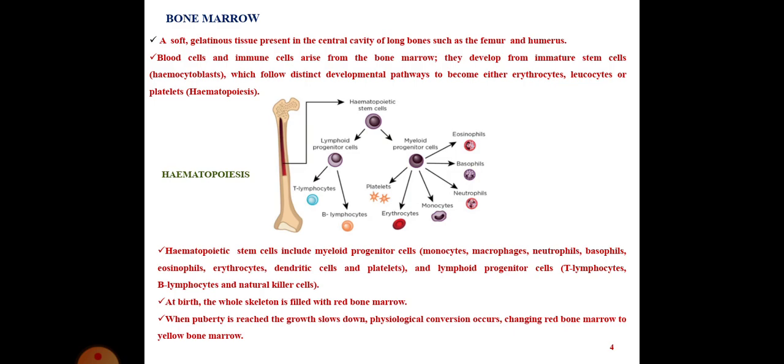The hematopoietic stem cells include myeloid progenitor cells, which give rise to monocytes, macrophages, neutrophils, basophils and so on, and lymphoid progenitor cells, which give rise to T lymphocytes, B lymphocytes and natural killer cells.